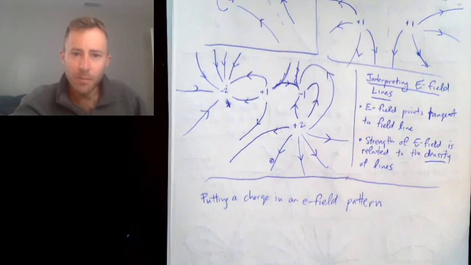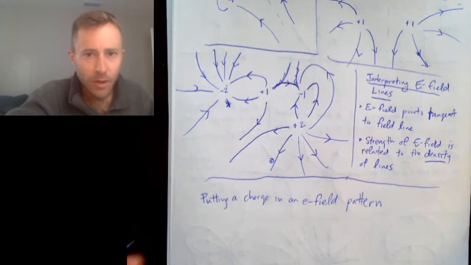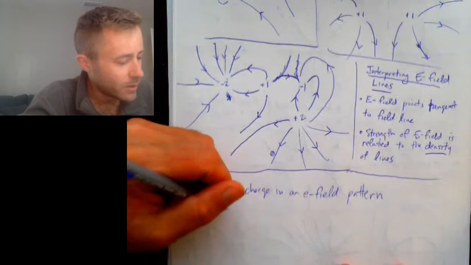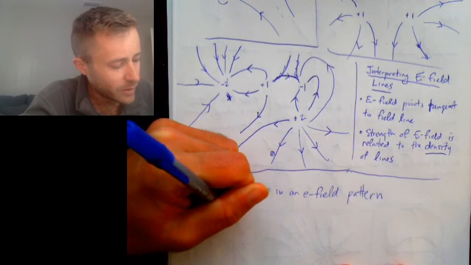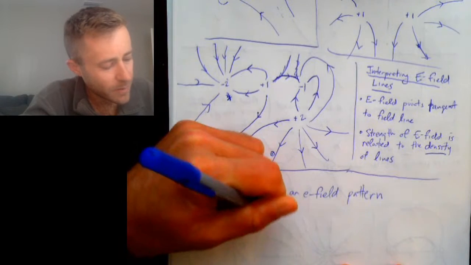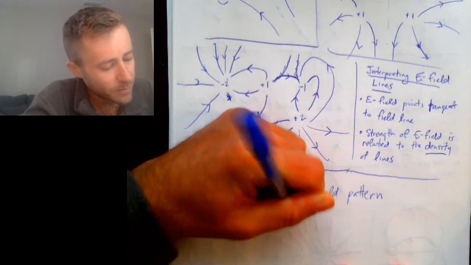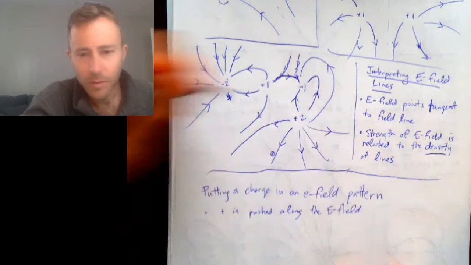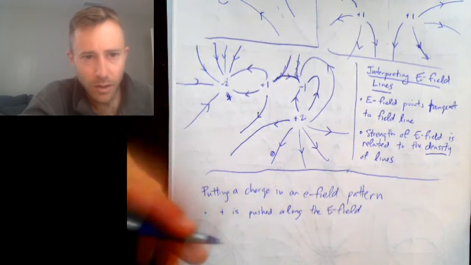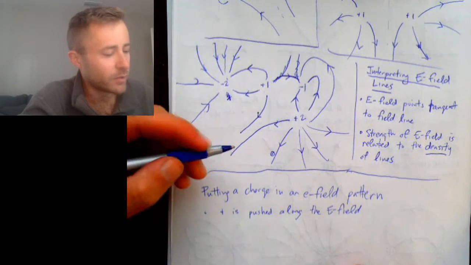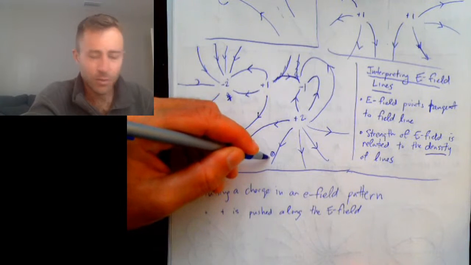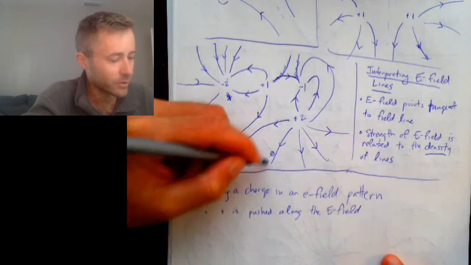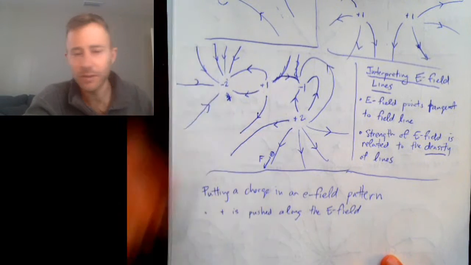Well, what you want to remember is that positive charge is pushed along the electric field. And so that means that this charge is going to get pushed tangent to the field line in the direction of the electric field. So it's going to get a force on it that is that way.